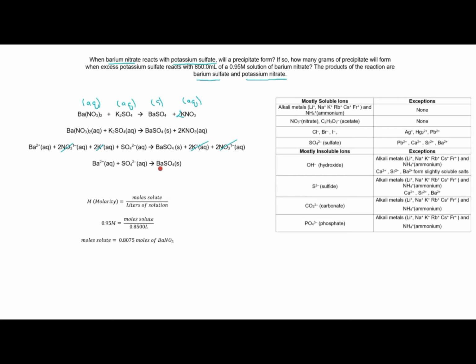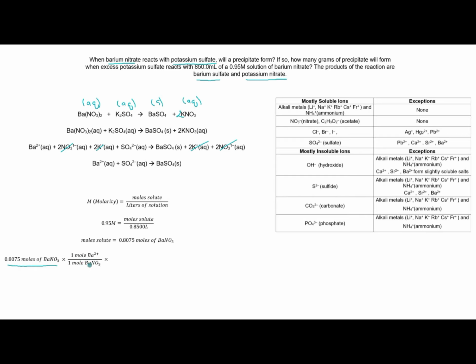Now I'm trying to find my grams of barium sulfate. There are 2 ways to do this. We can use our net ionic equation or we can use our molecular equation. I will show you both ways. First, with the net ionic equation. To get to barium sulfate, I need to first figure out barium, which came from my barium nitrate. So rewriting my moles of barium nitrate, my first mole ratio is given right here.